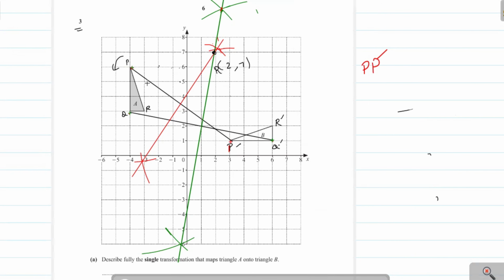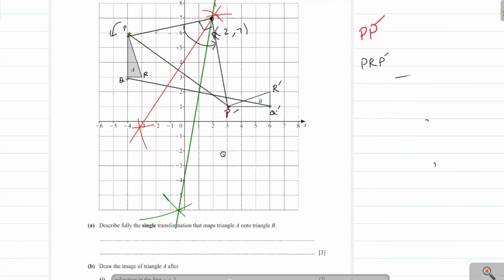We represent it by R. We join P to R. Now P to R, you see here this line is P to R, and then P to P dash, P dash to R. And after joining these two points, P dash to R and P to R, the angle between them, angle PRP dash, you see here this angle is 90°, and this is in the anti-clockwise direction.